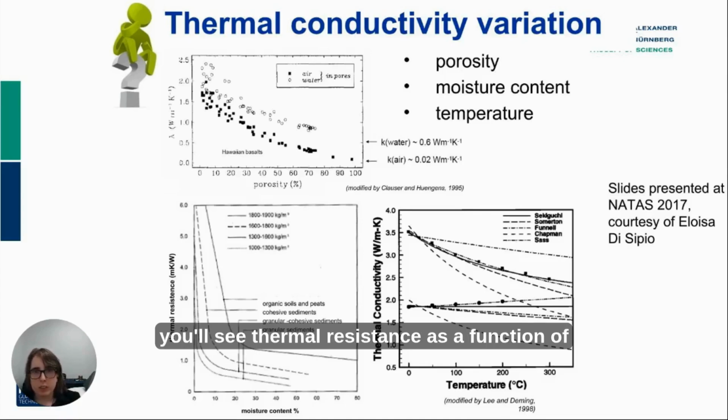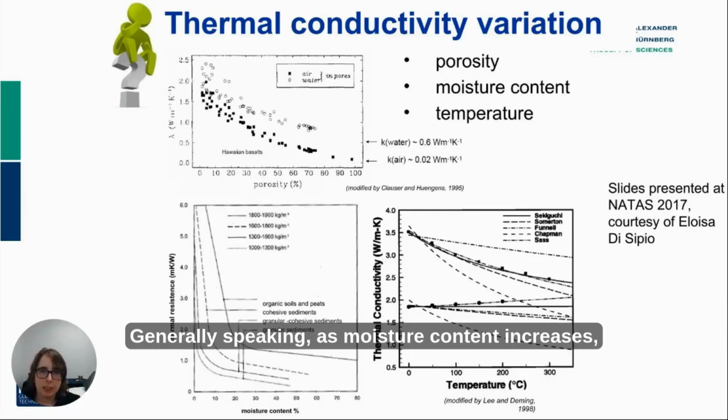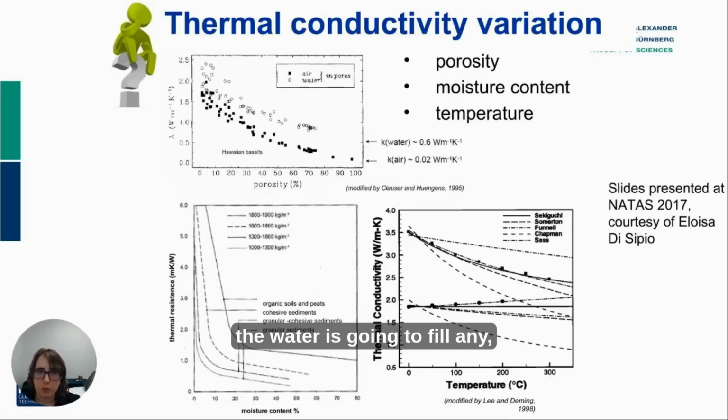On the lower left, you'll see thermal resistance as a function of moisture content. Generally speaking, as moisture content increases, thermal resistance will decrease because the water is going to fill any pores, and water has a much higher thermal conductivity than air does.